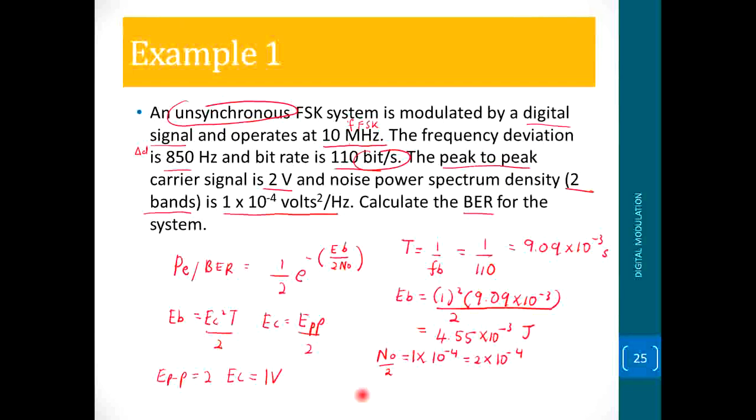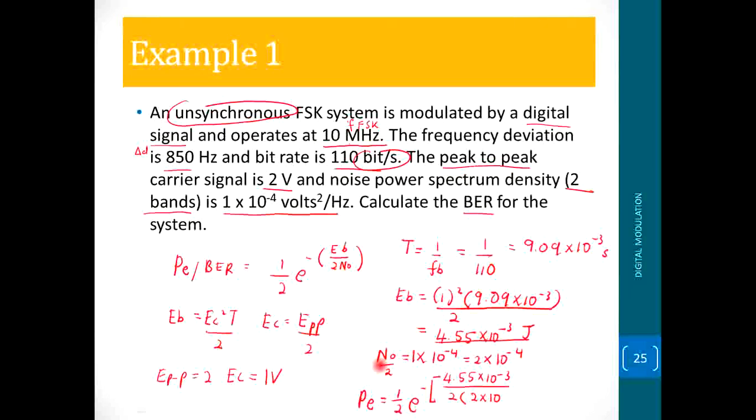The PE is 1 over 2 e to the power of all this. So EB is 4.55 times 10 to the power of negative 3, and then 2 times N0, where N0 is 2 times 10 to the power of negative 4.